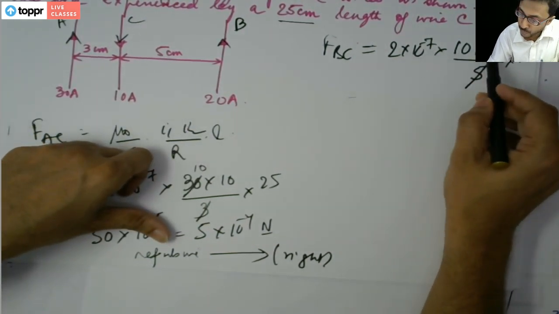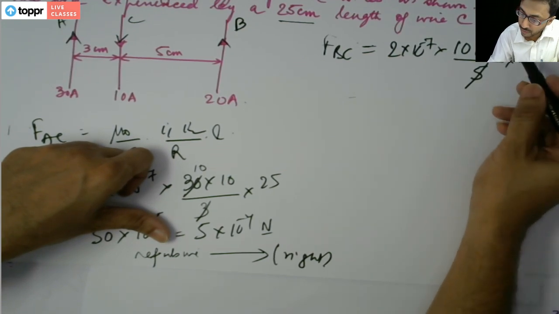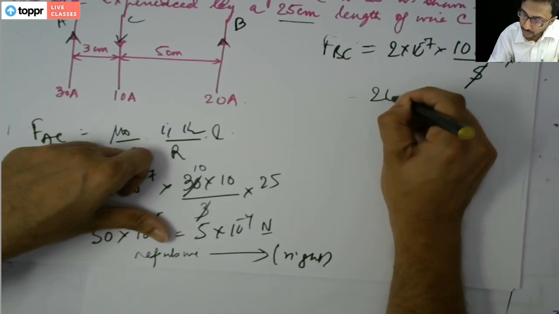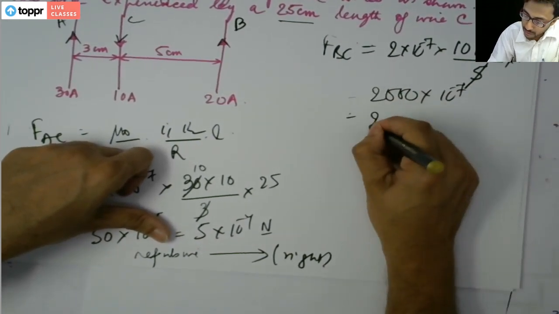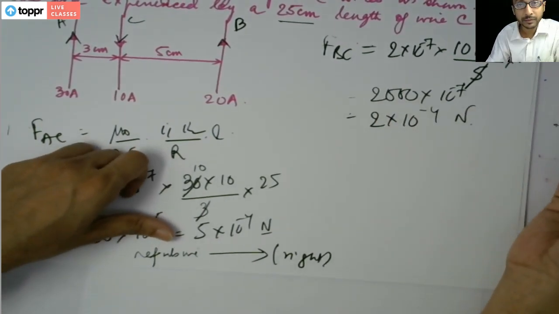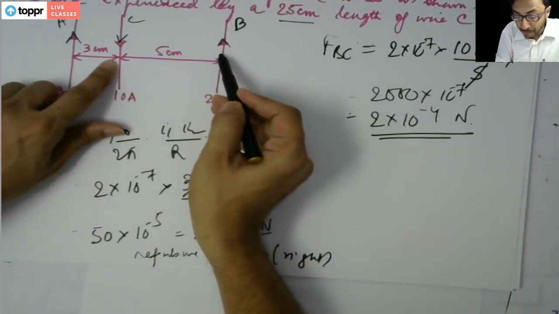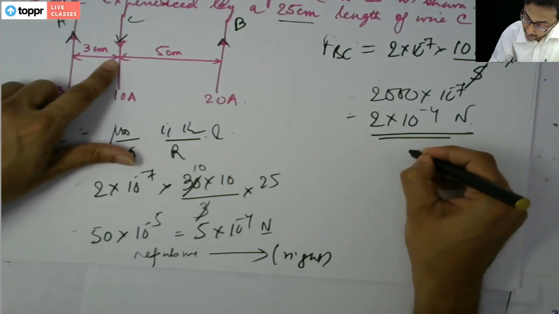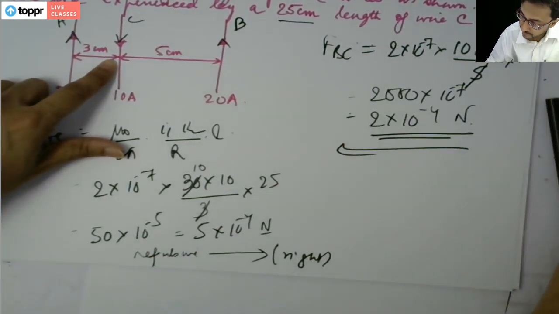This 2 into 20, 40. 40 into 5 is 200. 200 into 10 to the power minus 7, that is 2 into 10 to the power minus 4 Newton. Now this is also force, but this is also repulsive, so it will be pushing it in the left direction, in the left.